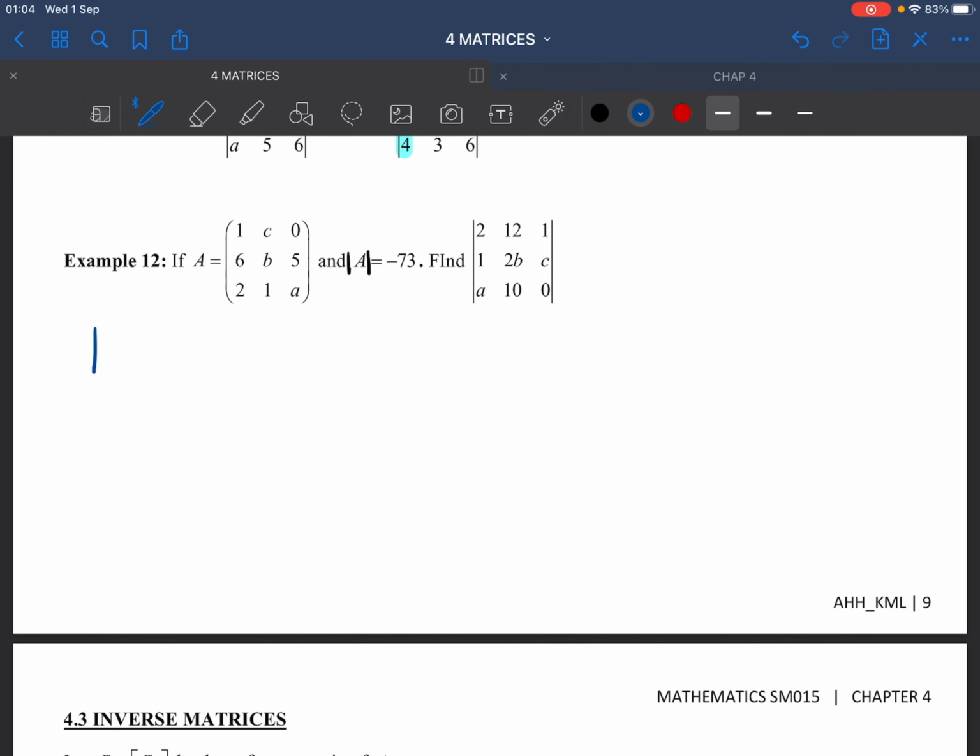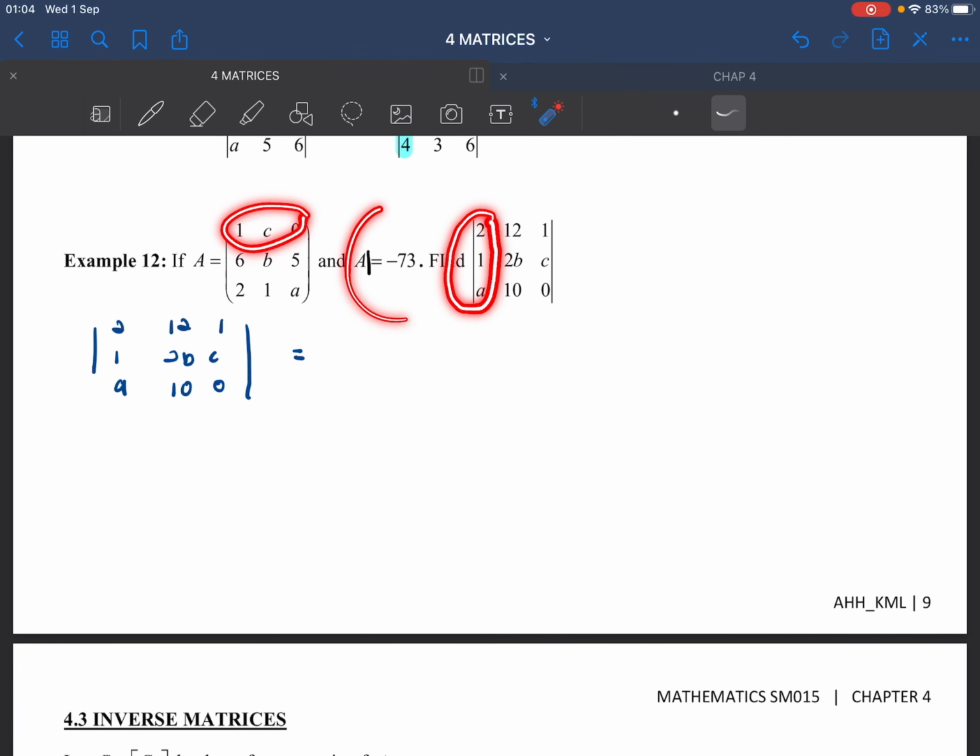We have 2, 12, 1, 1 to B, C, A, then 0 equals to, okay, 1C0 dekat sini atas. Okay, so kalau kita transpose sekalipun dia akan jadi dekat sini, betul tak? Okay, kalau kita transposekan dia akan jadi 1C0 dekat first column kita, tapi 1C0 kita berada dekat third column.